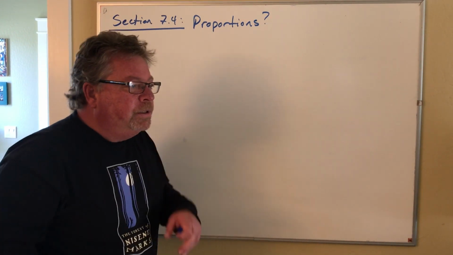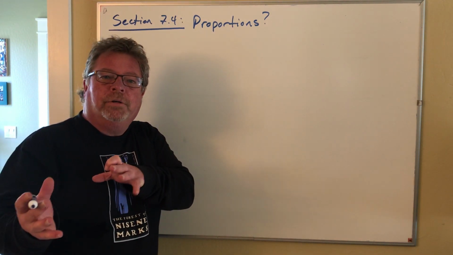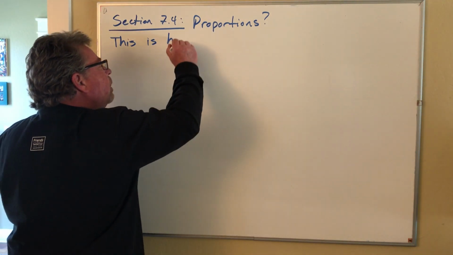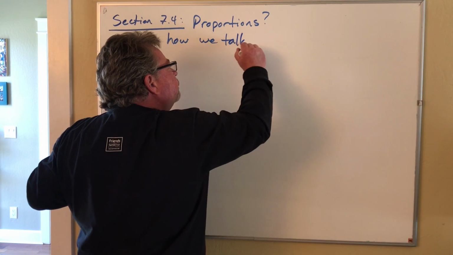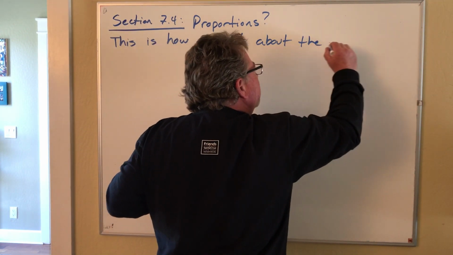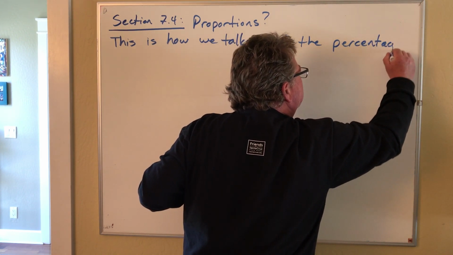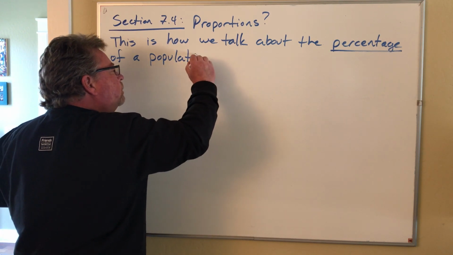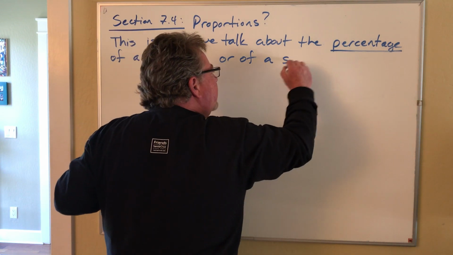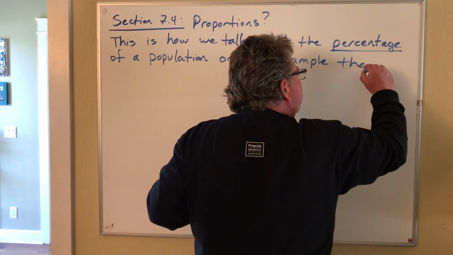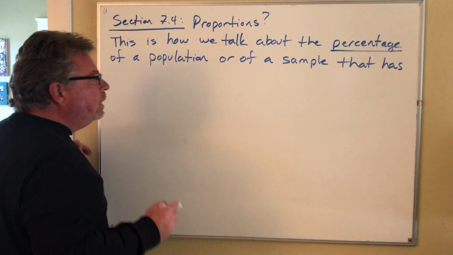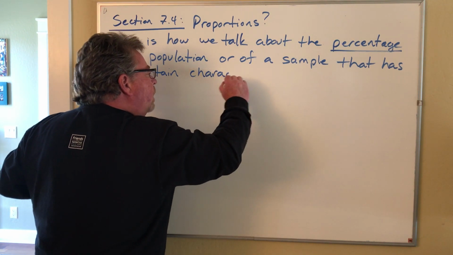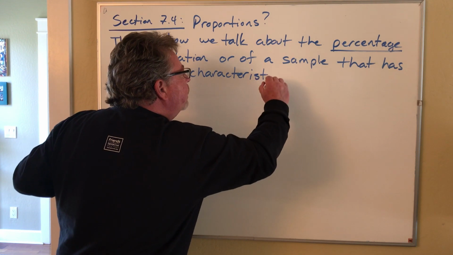And this is quite simply how statisticians talk about the percentage of a population or of a sample that has a certain characteristic in question, if I spelled that correctly.